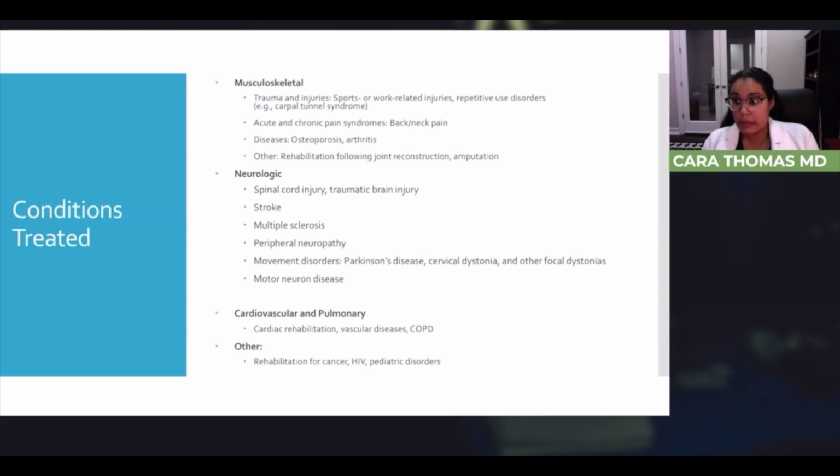And most recently, people who've had COVID, who've been in the ICU or in the hospital for a really long time and have a lot of myopathies and muscle issues and are very debilitated. So we're starting to see more of those patients. And there's also cancer and pediatric patients that we see as well.